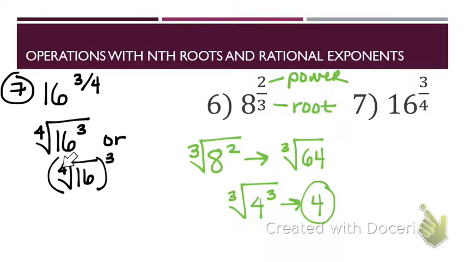It's easier for me, because I know what number multiplies 4 times to give me 16. So for this example, it would be easier to do the index first, because the 4th root of 16 is 2. And then 2 to the power of 3 is 8. So that would be my final answer.